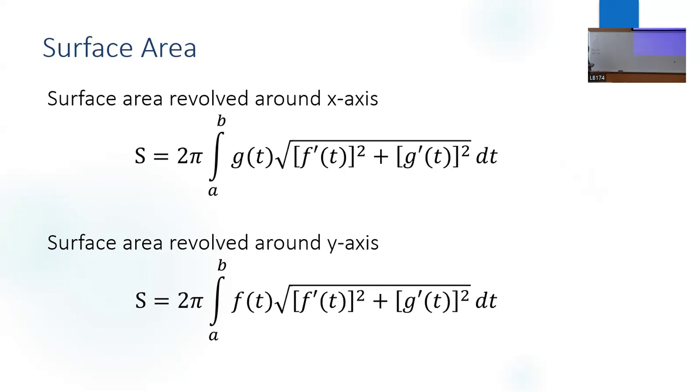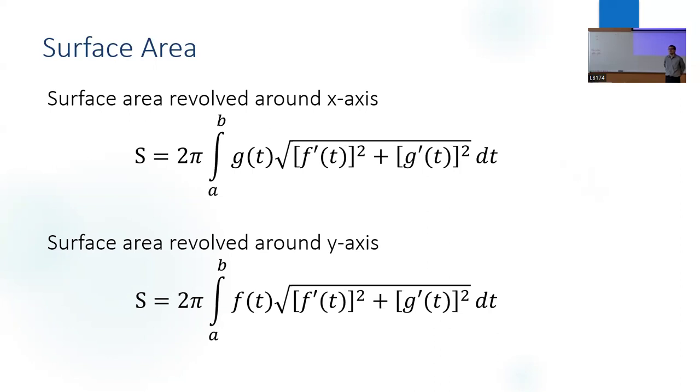Remember, G is associated with the y. And if we're revolving around the y-axis, our radius is f of t. And again, remember, f of t is the one associated with x. So it's 2 pi radius arc length integrated.